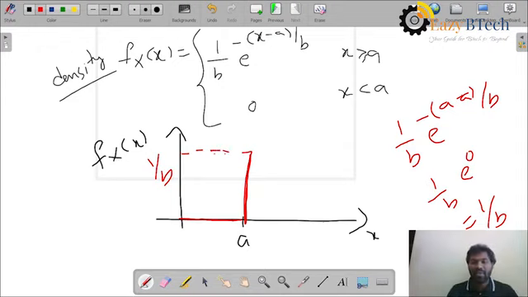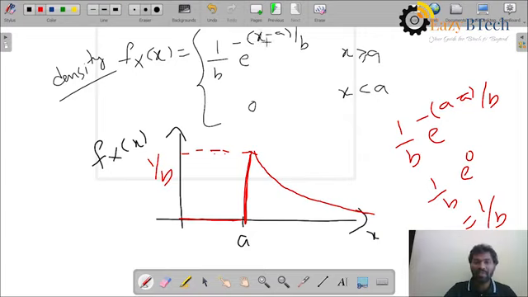From there onwards, as you increase the value of x, the negative power of the exponential slowly increases, so the value slowly decreases and approaches 0 as x tends to infinity.